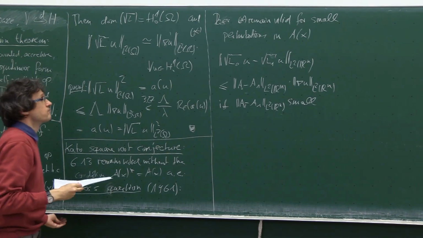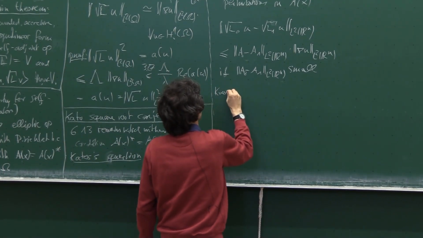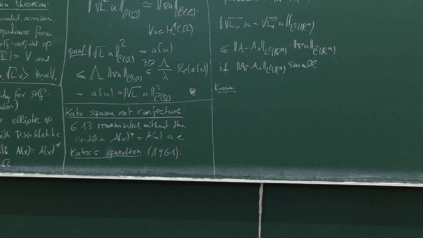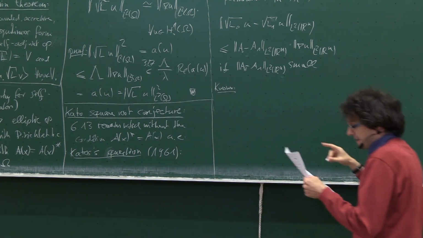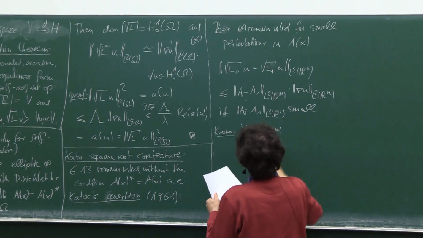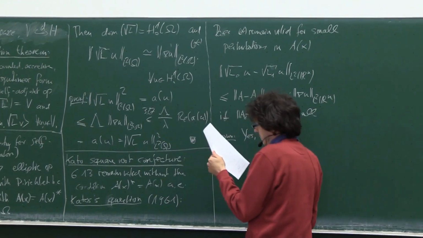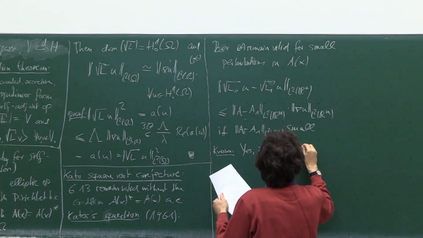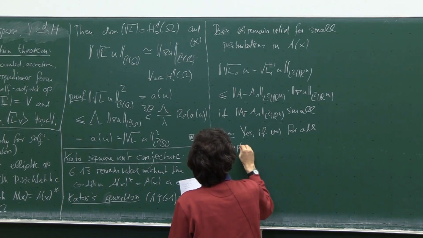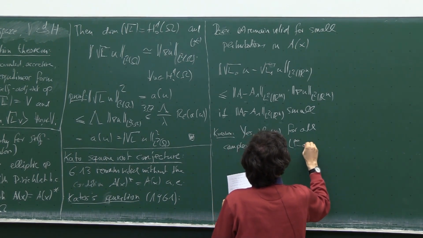And that's why he made this conjecture: what was known at the time is that the answer is yes if you have star, this property here, for all complex elliptic L infinity coefficients.